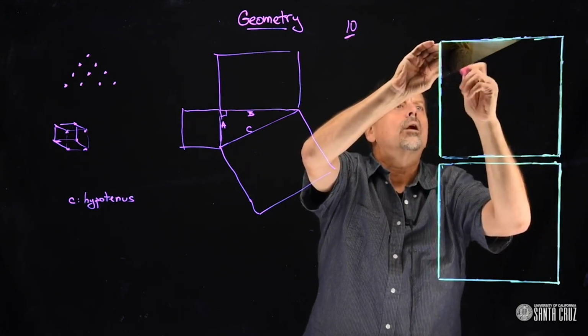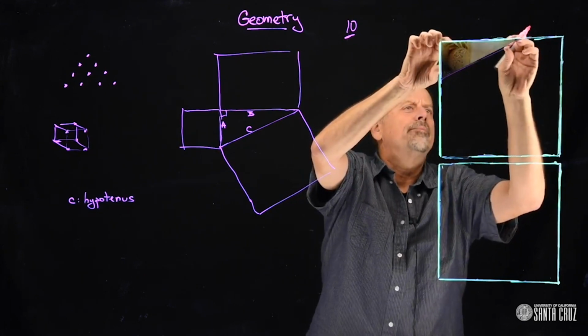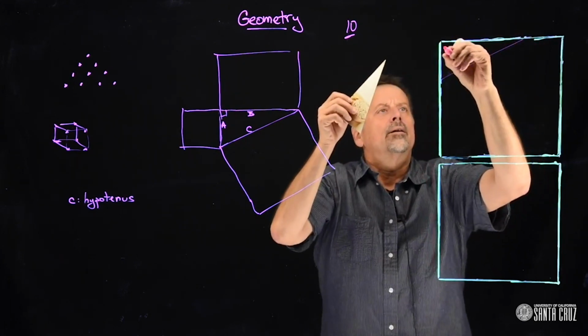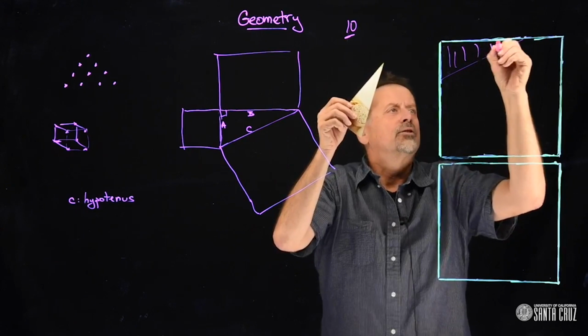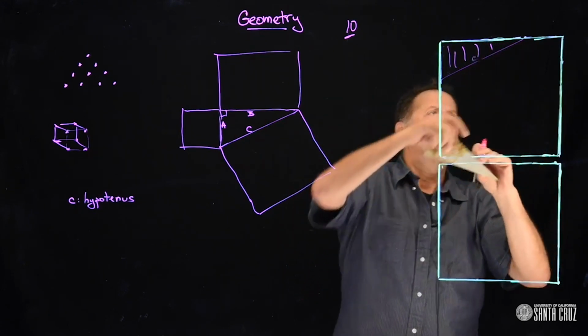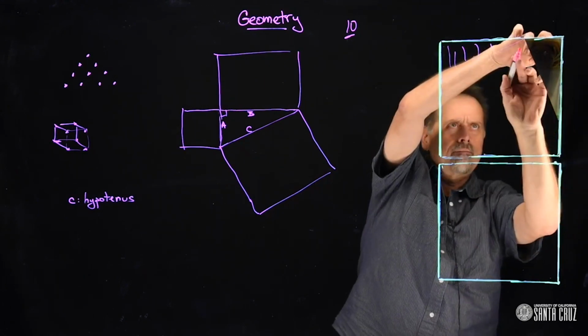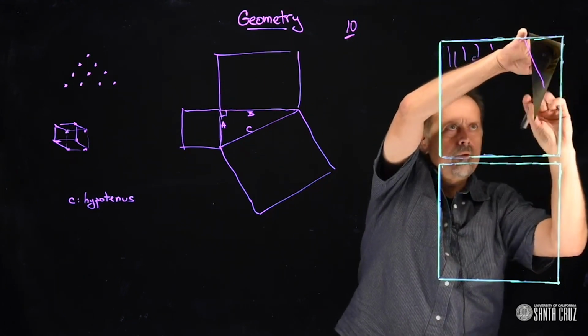Whoops, that didn't work. So there's one. And there's a triangle right there. This is side C, as you'll see, right? So let's do this again right here. Whoops.